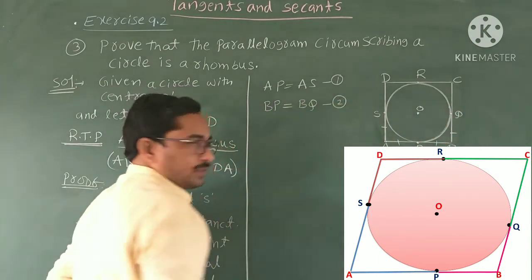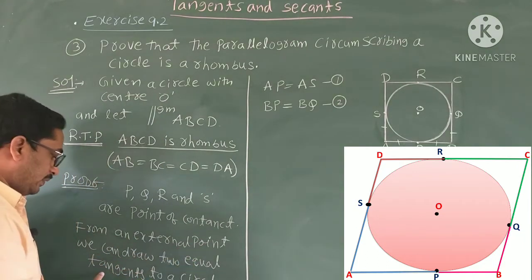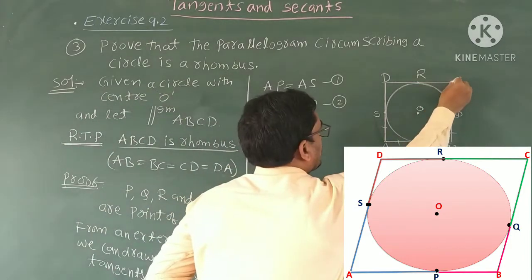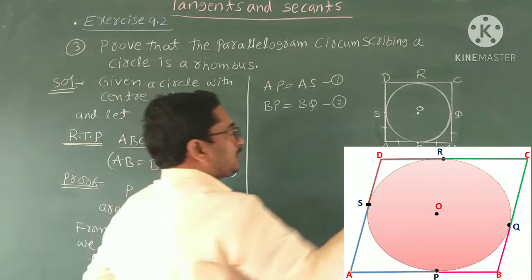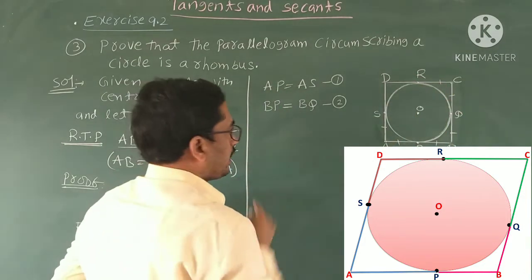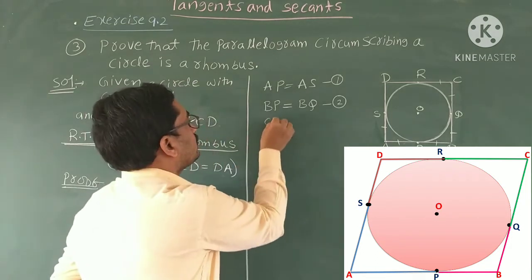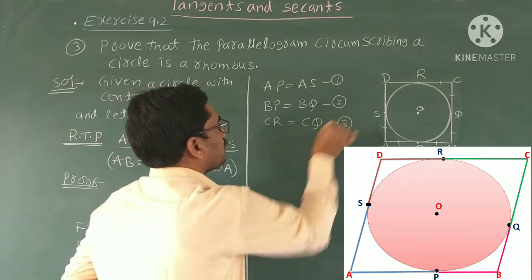Same concept: from an external point we can draw two equal tangents to a circle. Similarly, C is also an external point, and the tangents are CR and CQ. So CR equal to CQ, equation number 3.